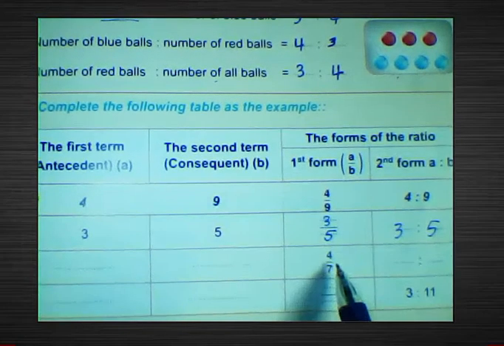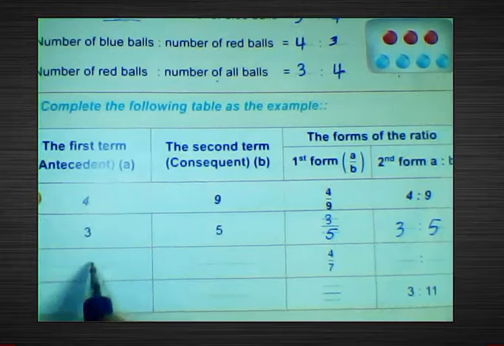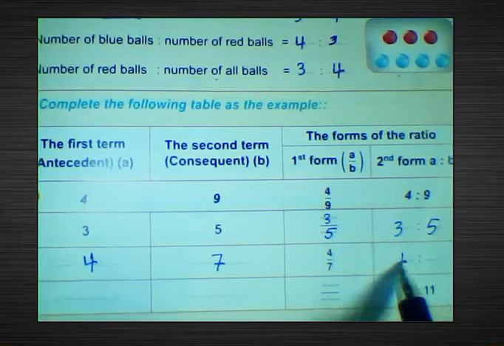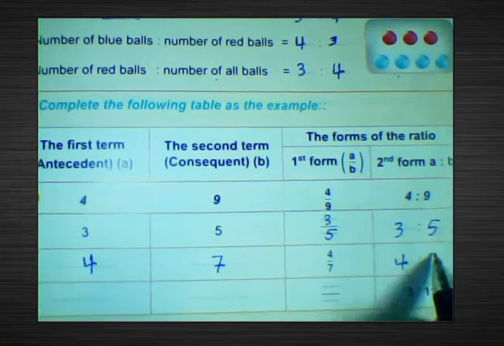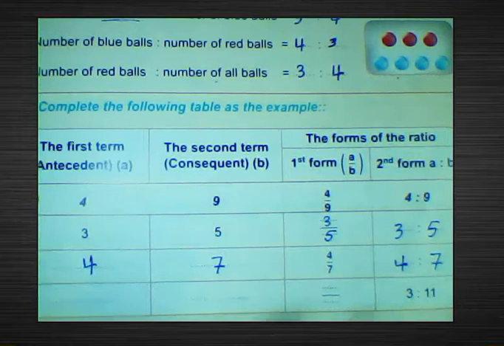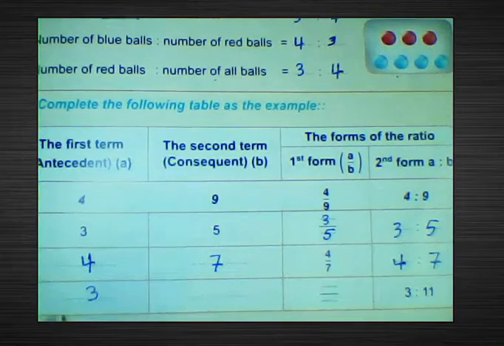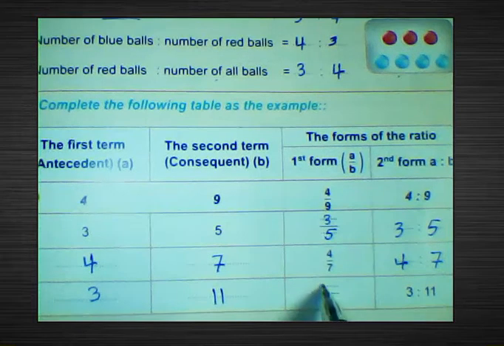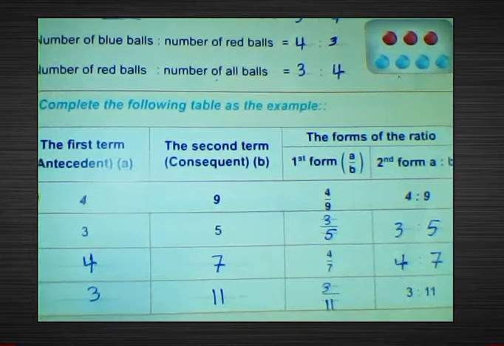And this ratio 4 over 7, we can write 4 to 7. The first term, antecedent, is 3 and the second term is 11, so we can write 3 over 11.